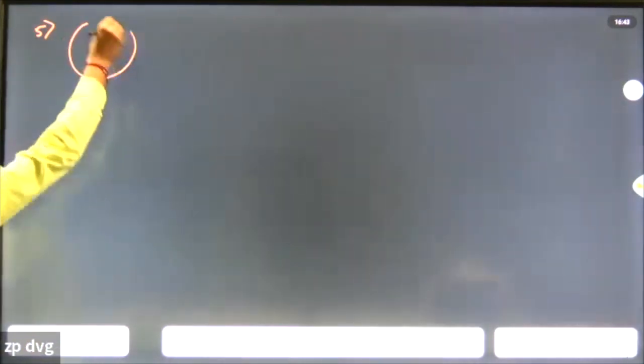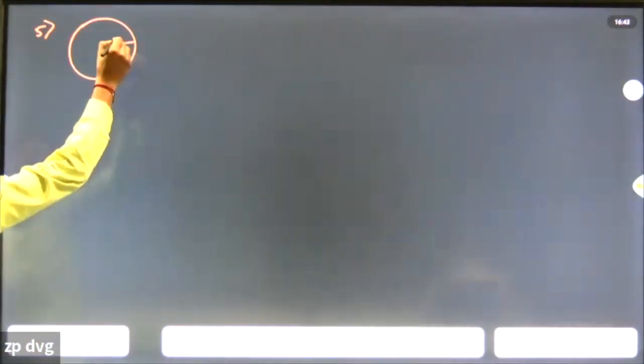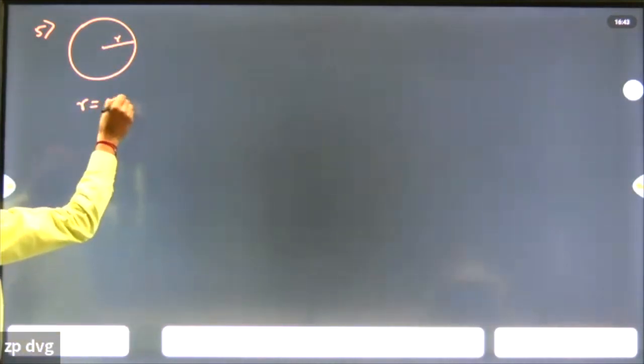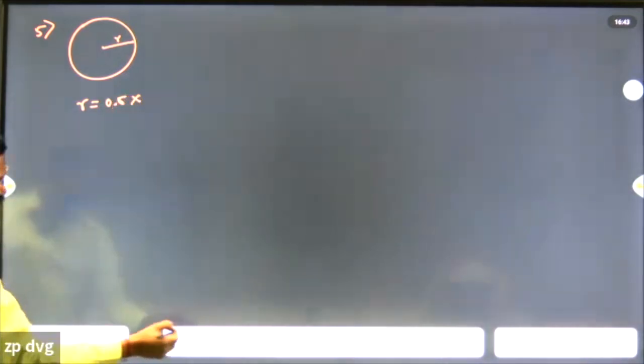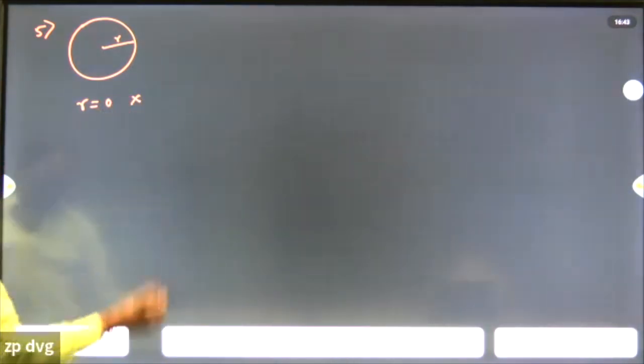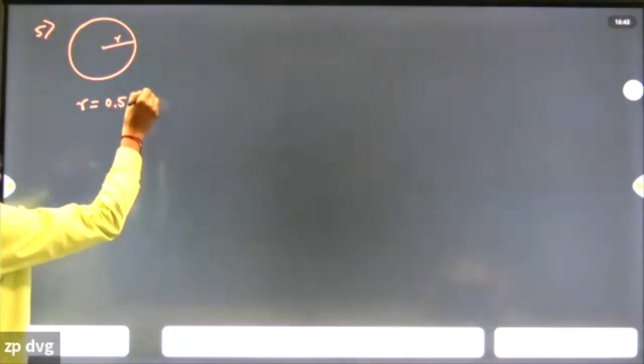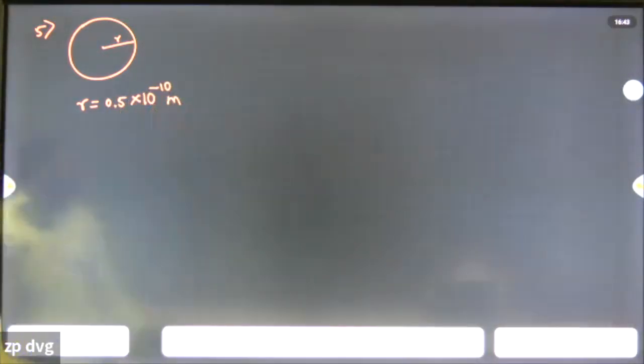Let's take this question. If an electron revolves in a path of a circle of radius 0.5 into 10 power minus 10 meters. So let's take this as question 5. The electron is revolving in a circular path of radius r equal to 0.5 into 10 power minus 10 meters.